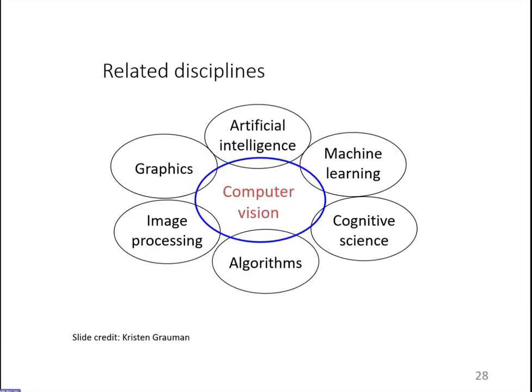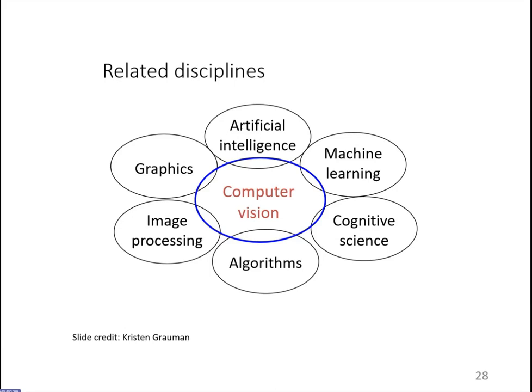So computer vision is related to many different types of studies, and artificial intelligence, of course. Vision is a very important intelligence for humans, or even for other animals.